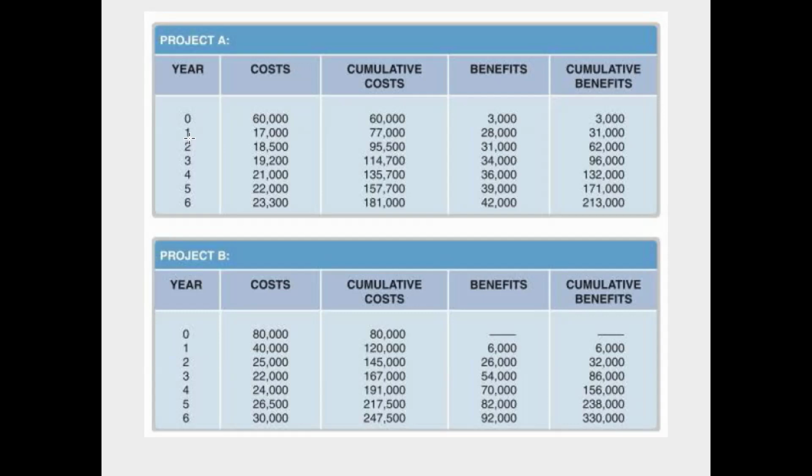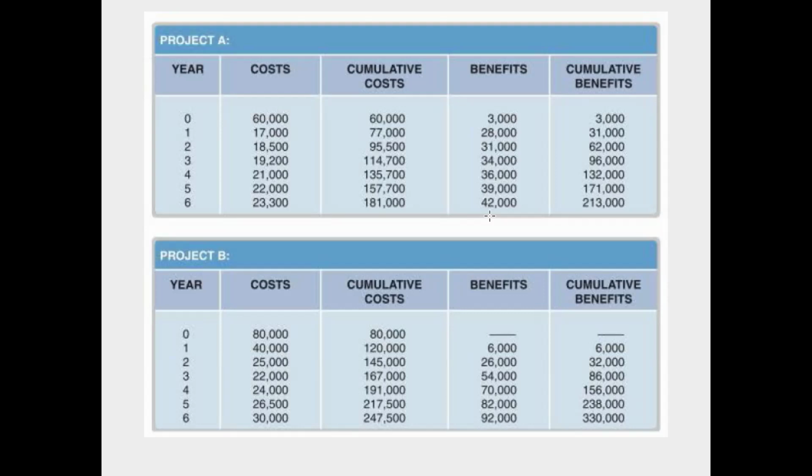This is after 1 year. The cost will be 70,000. After 2 years, it will be 8,500. After 6, you are getting 3,300. Benefits are also the same. Initial year, it's 3,000. After 1 year, 28,000. After 2 years, 31,000. After 6 years, you get 42,000. These are future values.